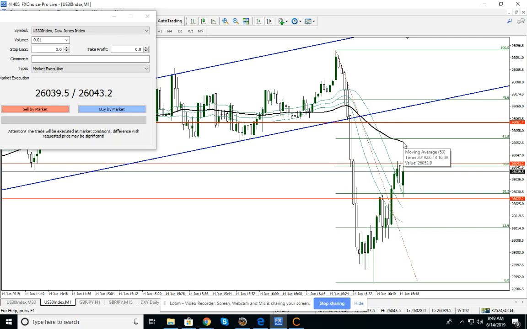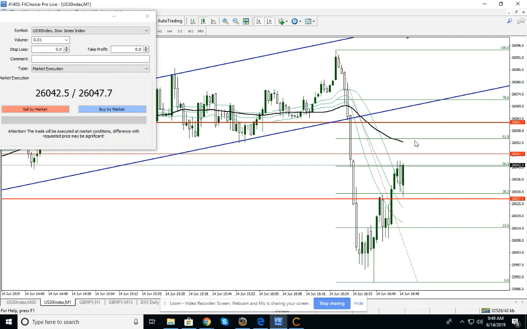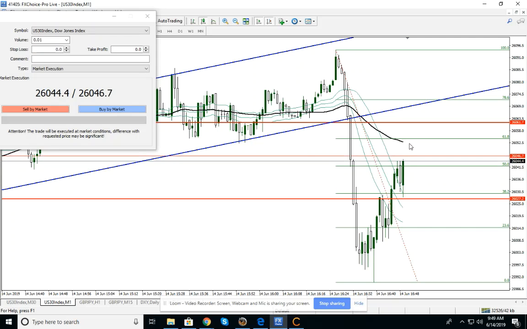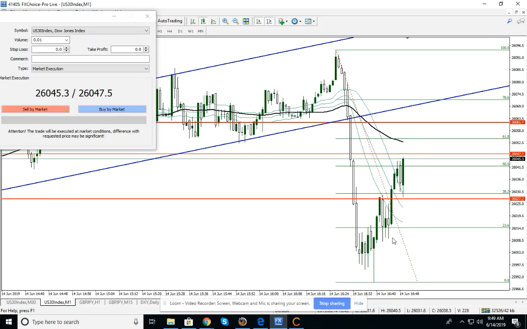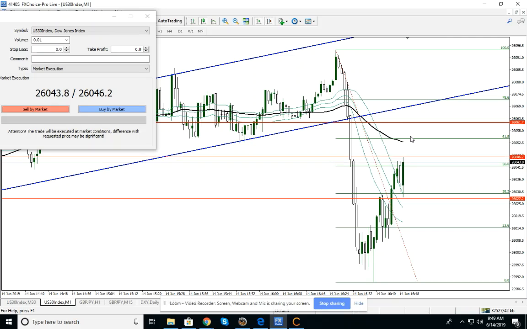You have the 50 period moving average on this 1-minute chart, and you have the 61.8 fib at about the same place. But the price is strong.